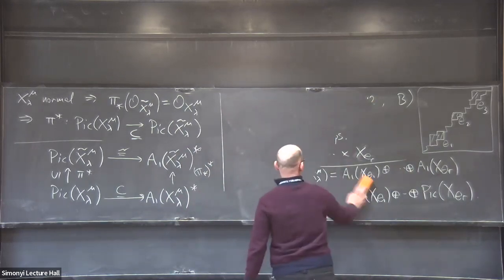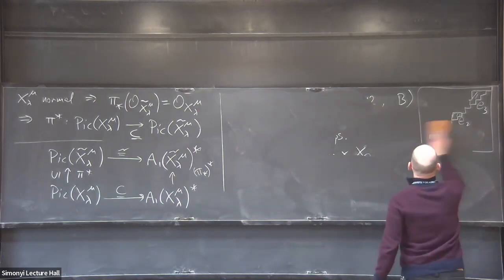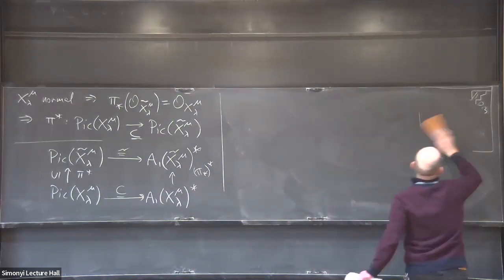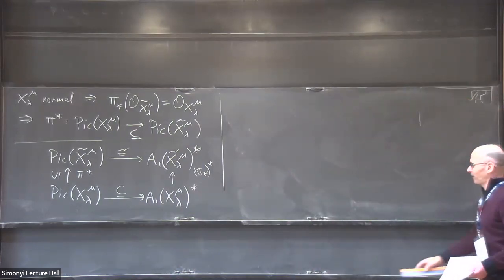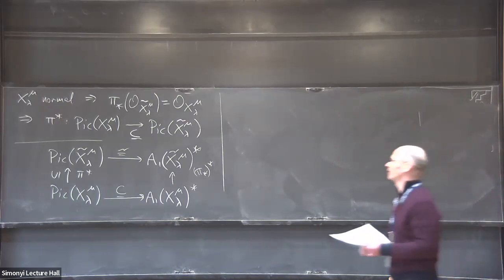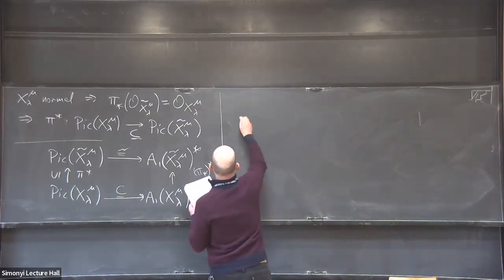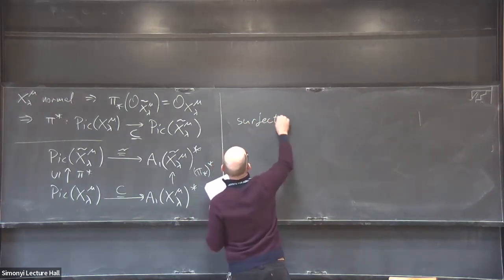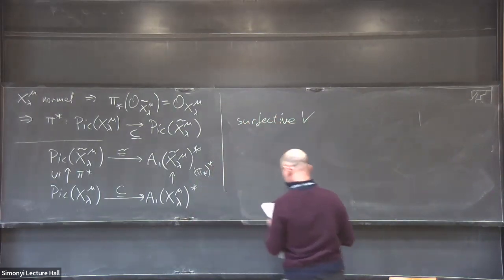And then we have injectivity. We also want surjectivity. Well, that's easy. We know what to hit. We have a lot of line bundles we can choose. So that's easy.